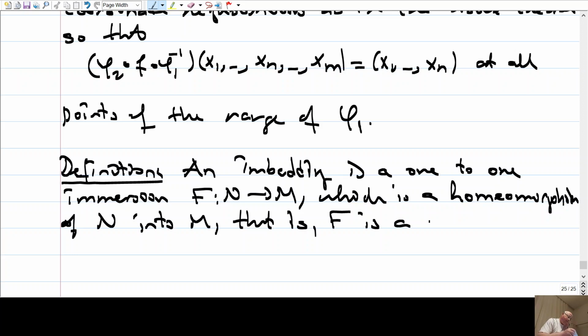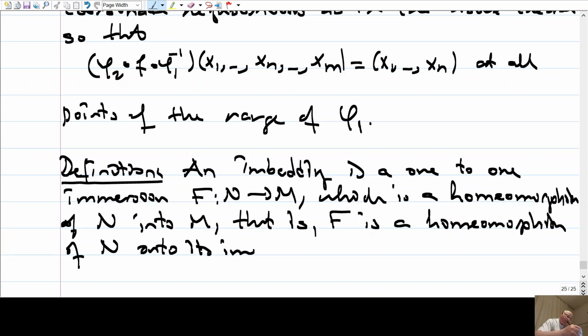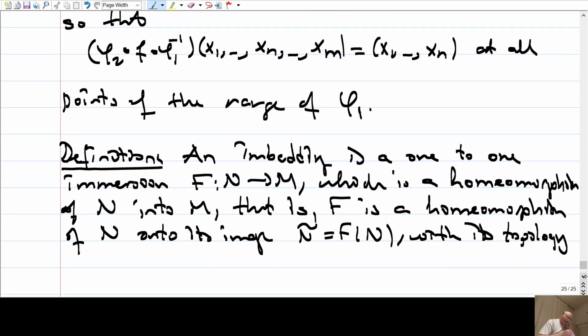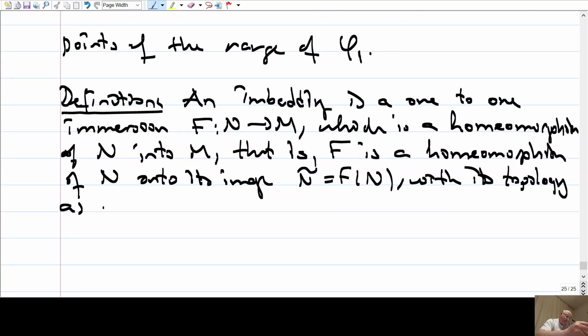F is a homeomorphism of M onto its image, N tilde, with its topology as a subspace of N.